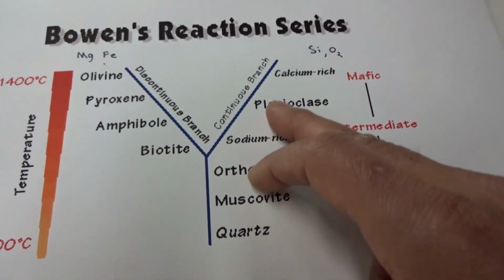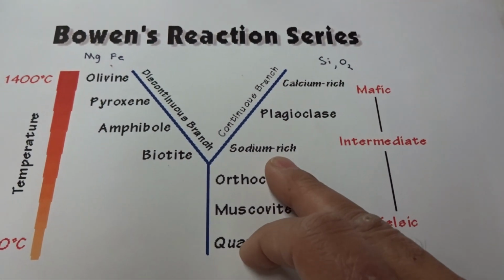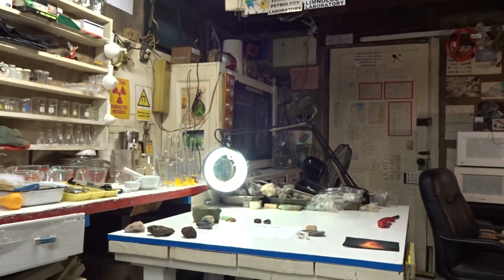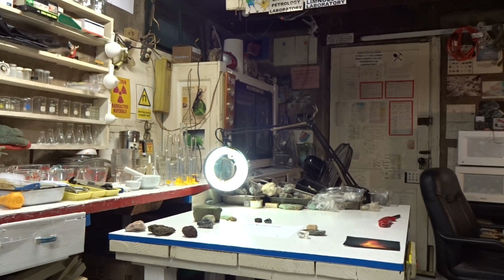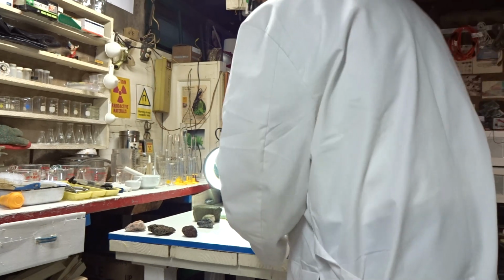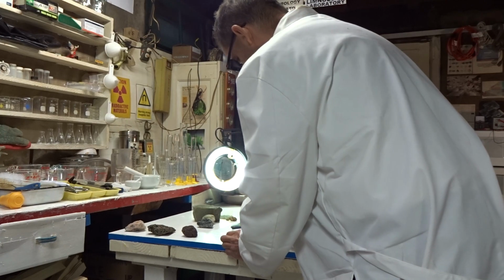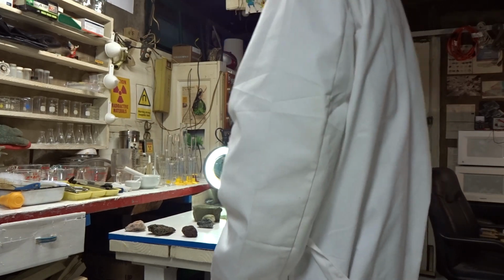Now, the continuous branch is rich in sodium. I have a specimen of sodium which I wish to show you. I have pure sodium metal.